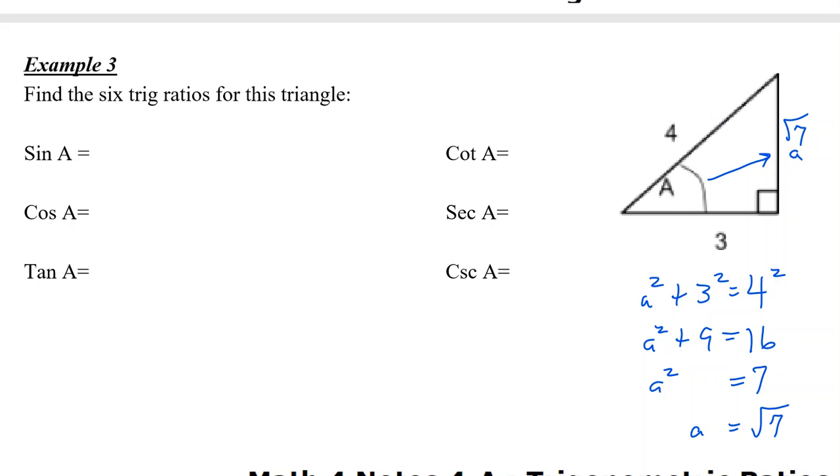Oh, and we do need to label who is. If that's my angle that I'm focusing on, then this is the opposite. If that's my right angle, then this must be the hypotenuse. And 3 gets to be the adjacent. So if sine is opposite over hypotenuse, sine is opposite over hypotenuse, that is square root of 7 over 4.